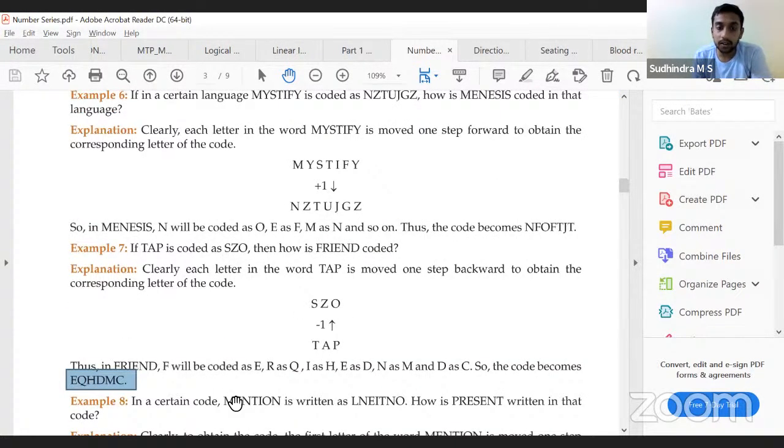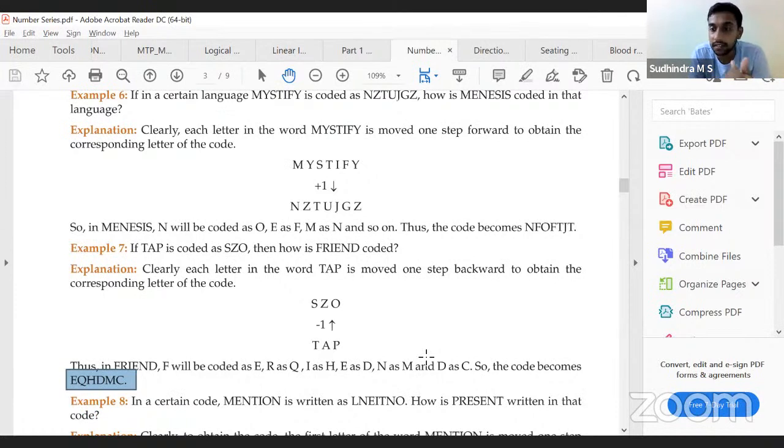Then in certain code, mention is written as so and so. How is present written? So what is the logic here? The first letter is the previous letter, and the others are interchanged, two by two. Yes. So first letter is the previous letter.